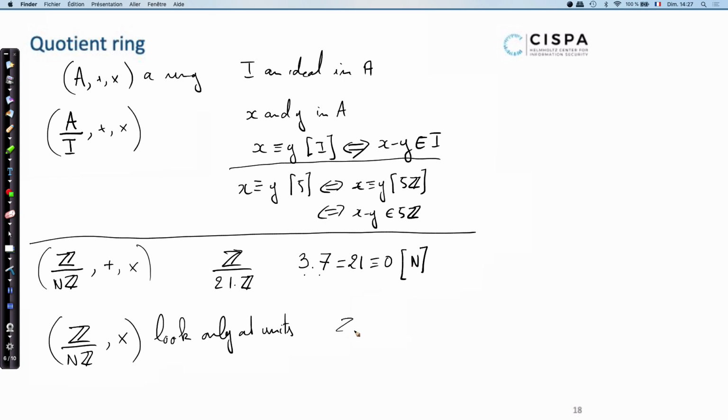And we will note this Z over nZ star. It turns out that this will be the set of all numbers x mod n such that the GCD of x and n is 1. So in the special case, it means that any multiple of 3 should be removed, and any multiple of 7 should also be removed. Good.